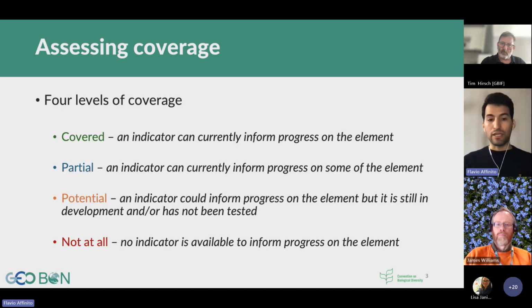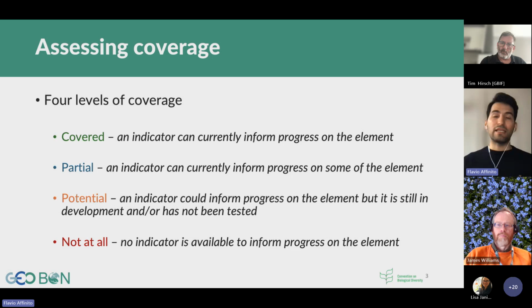And then potential in orange is the idea that an indicator could inform progress on that element, but either it hasn't been fully developed, so it's still being worked on, and it hasn't been tested and produced, so we don't know yet that it does the job, but we expect that it will, or it hasn't been tested.